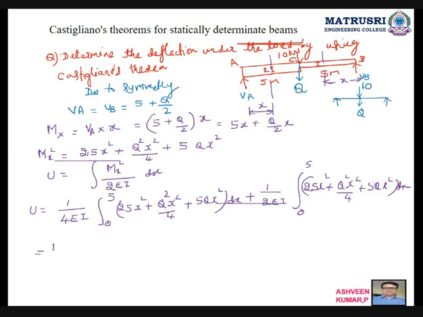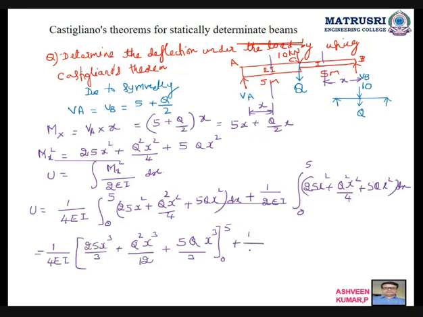Now if I go for integration, what will happen here? 1 by 4EI, 25 x cube by 3 plus Q square x cube by 12 plus 5Q x cube by 3, 0 to 5, plus 1 by 2EI.